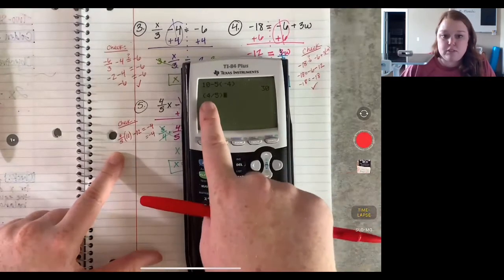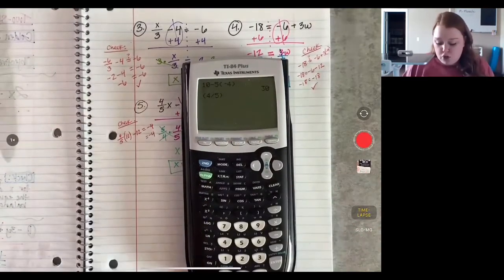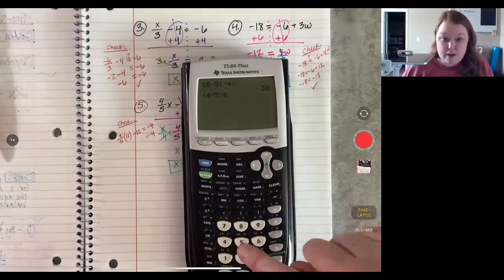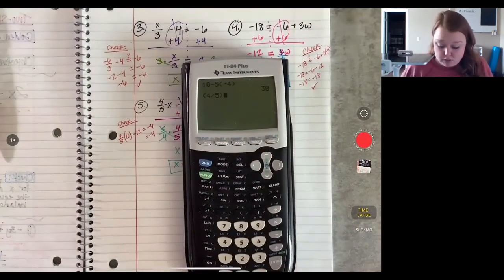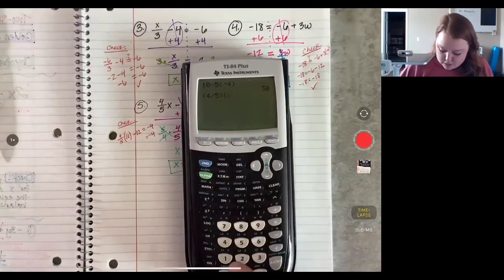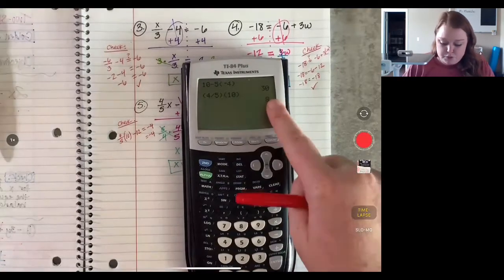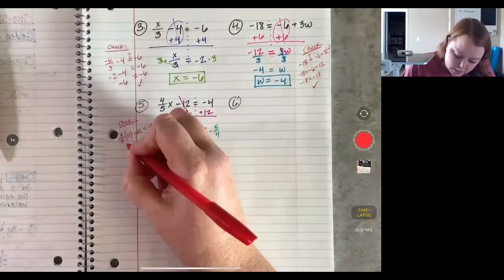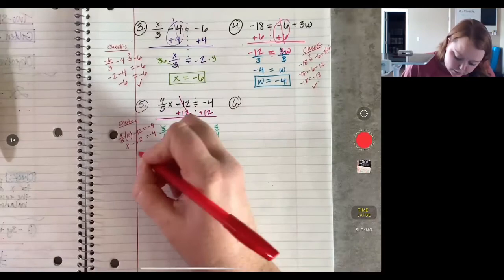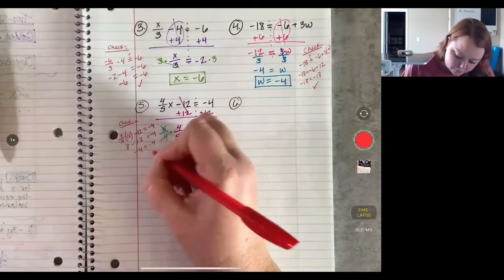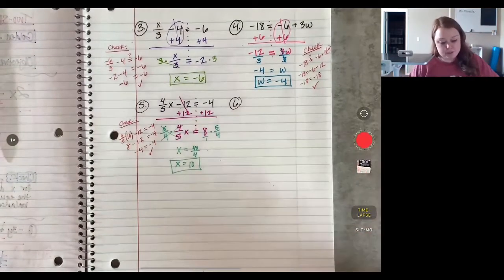I used parentheses to protect the fraction, 4 and then divided by 5 because fraction bar is division. And then I'm going to times it by 10. Let me show you. 8. 8 minus 12 is -4. Does -4 equal -4? Sure does.